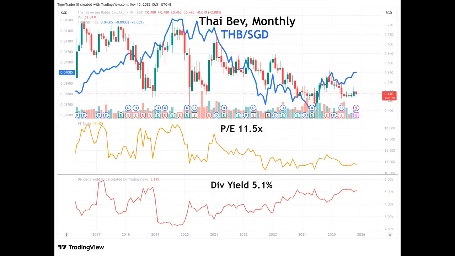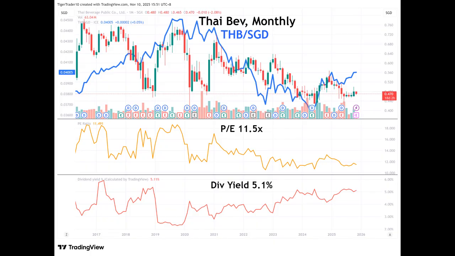Of course, this is because Thai Bev is primarily a Thai business, so its earnings are primarily in Thai baht, and yet the share price is trading on the Singapore exchange in Sing dollars.